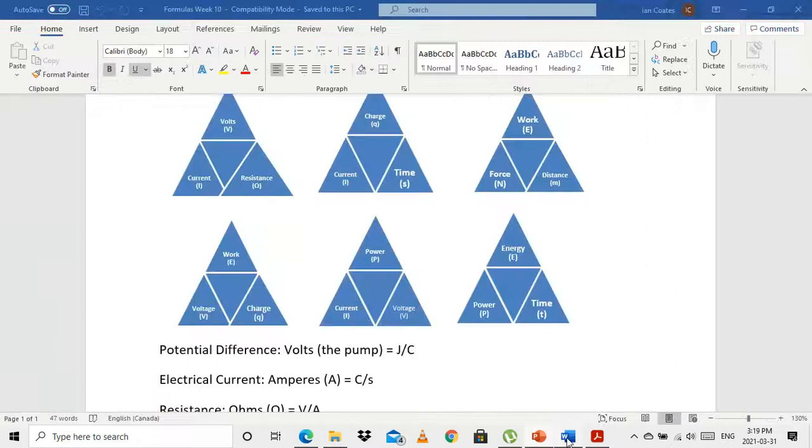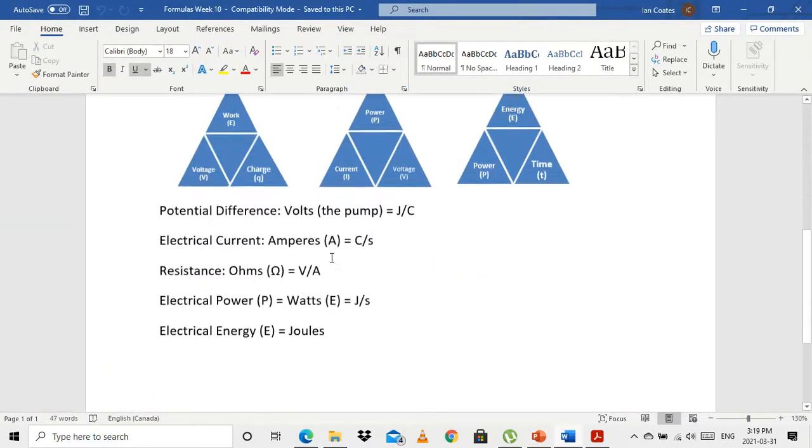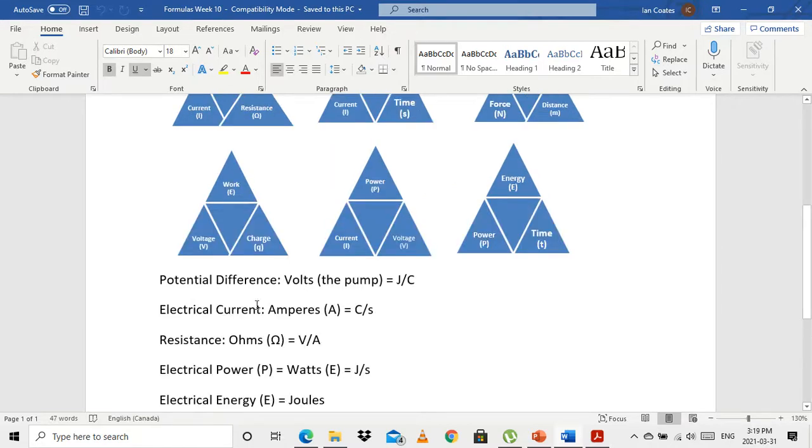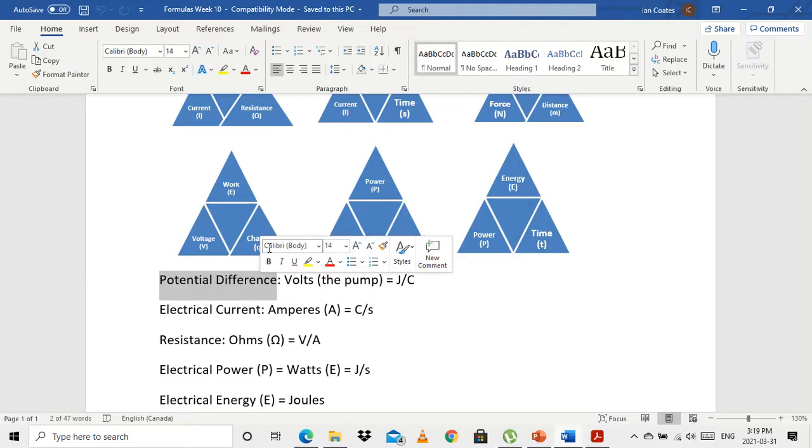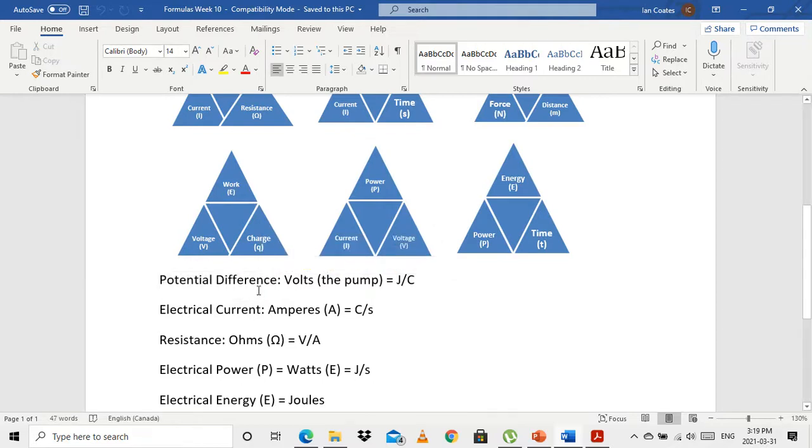And I wrote these on here because I don't want you guys to get mixed up. But what I want you guys to do is that I may ask you, for the following situation, find the potential difference of this, blah, blah, blah. Well, what do you mean the potential difference? What am I looking for?